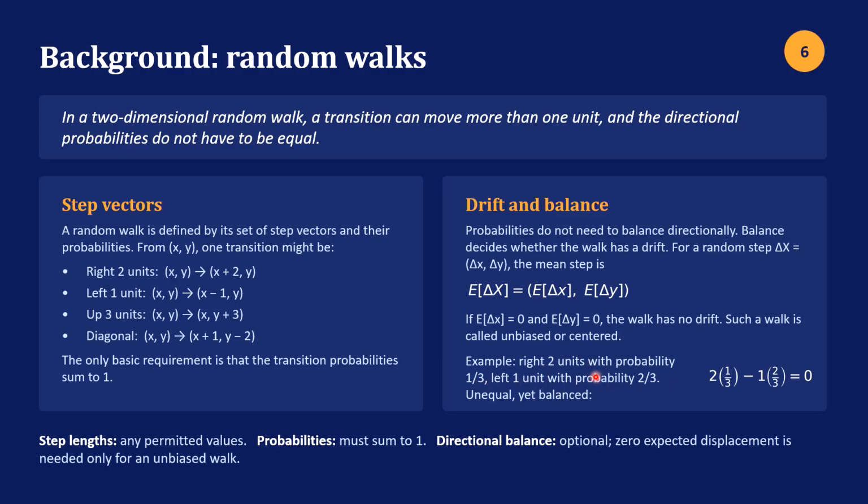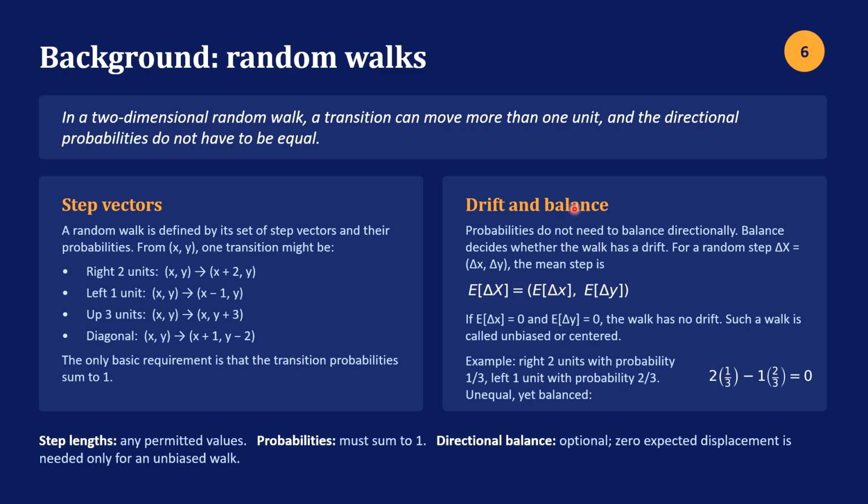And if you take the expected value of that, it's just 2 times 1/3 minus 1 times 2/3, and so the expected value is 0, and that means it's balanced or unbiased or centered. So in any one of those 3 terms. If we shifted the probabilities and we made it, say, 2/3 to go right and 1/3 to go left, then this would add up to what? 4/3 minus 1/3. It would add up to 1. And so that would have a bias going to the right in that case.